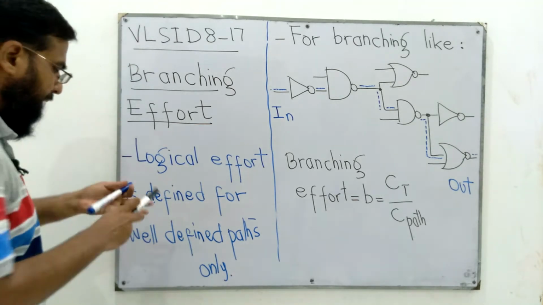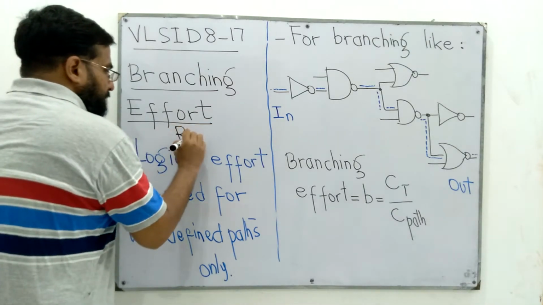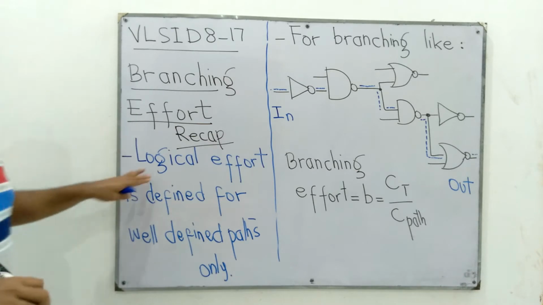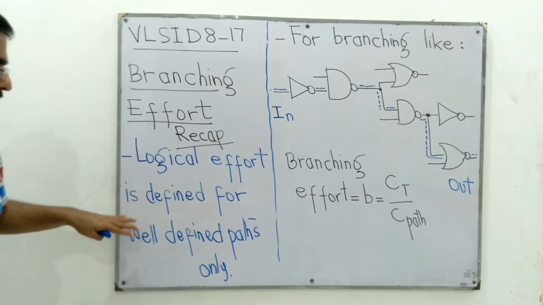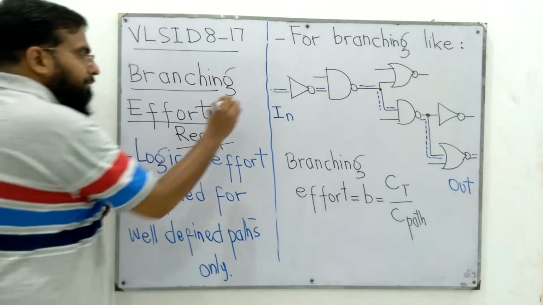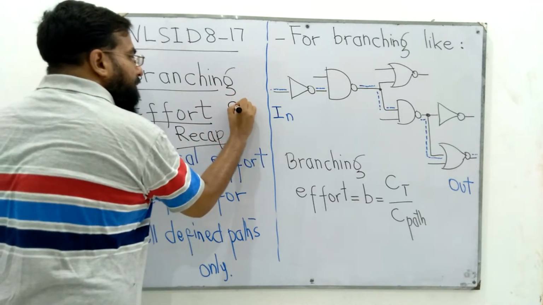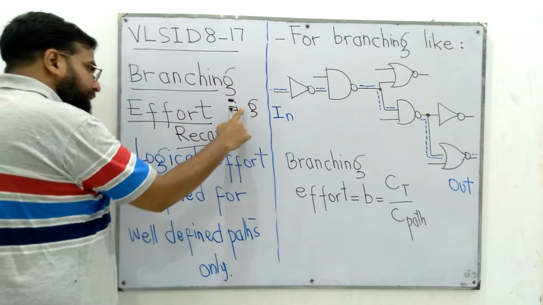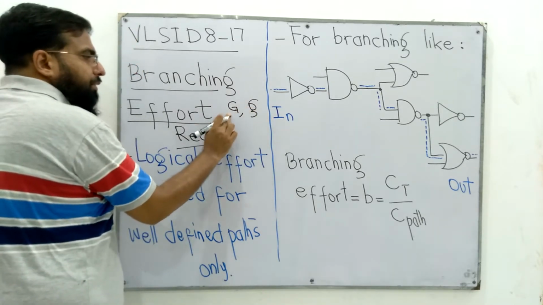It is a small recap of what we have been studying for the last few lectures. Logical effort is defined for well-defined paths, and we have studied small g, logical effort of a gate, capital G, logical effort of the path.